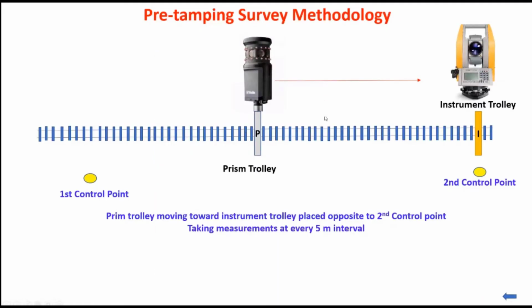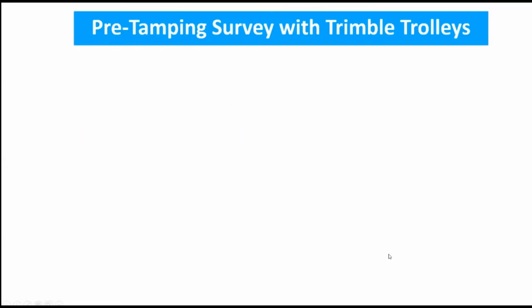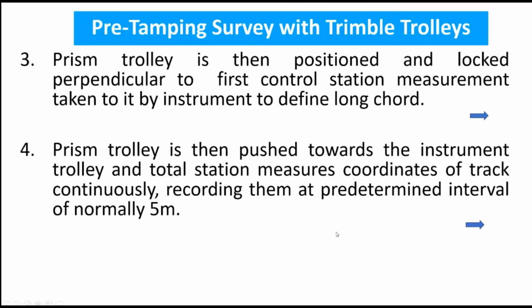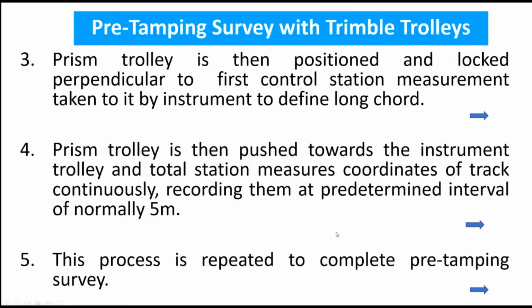This is how the prism trolley is moving towards the second control point. So this was the procedure. We will not go into the details, and by this method pre-tamping survey is completed.